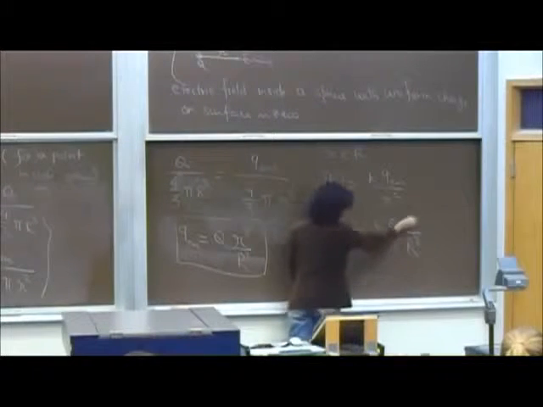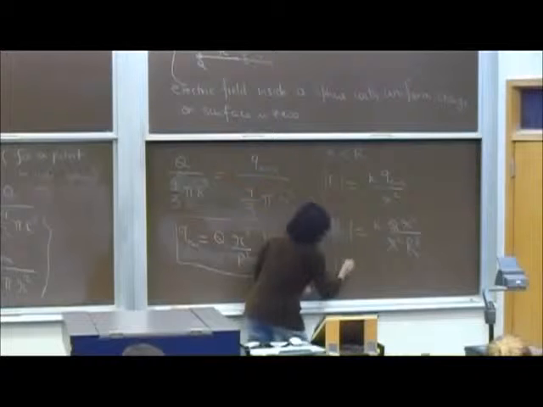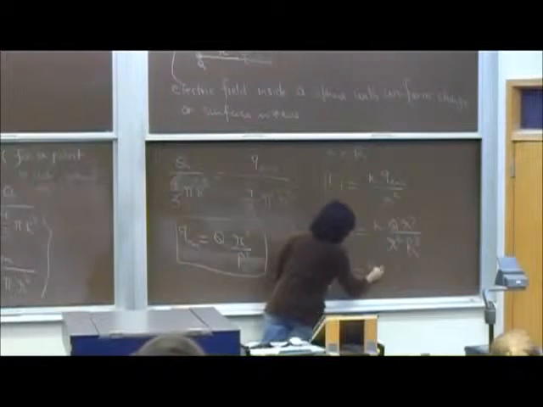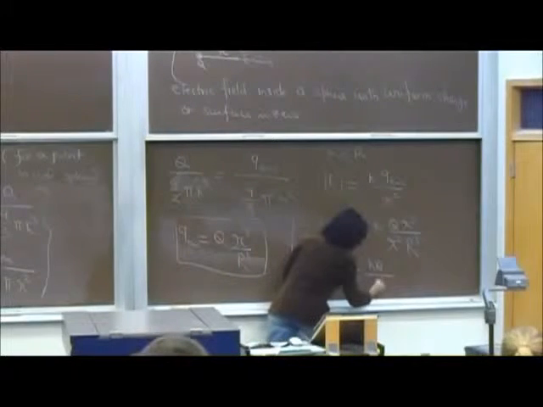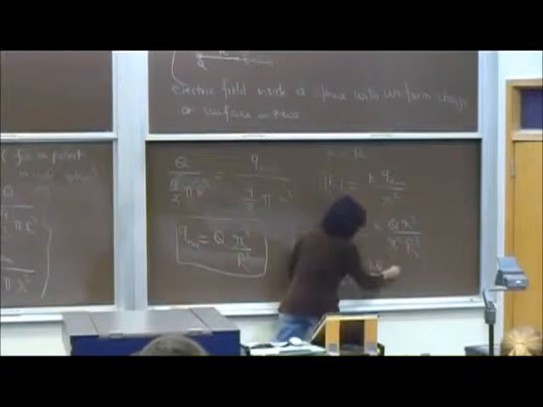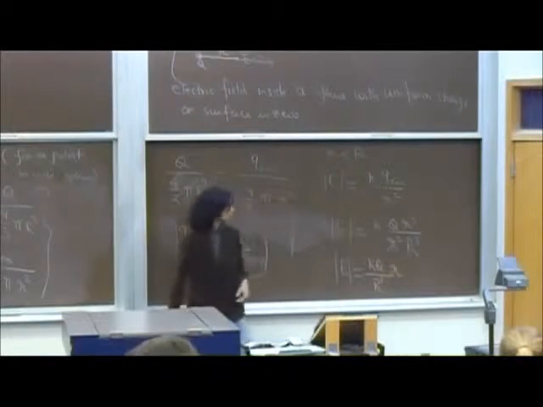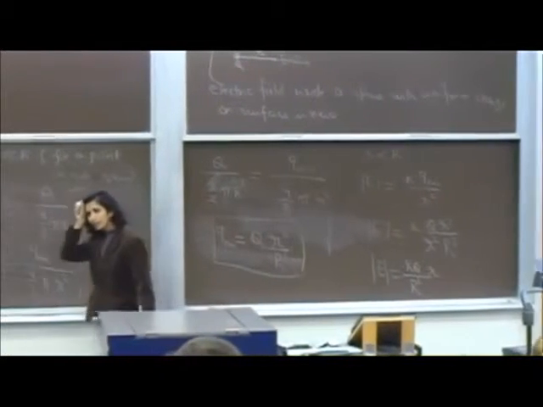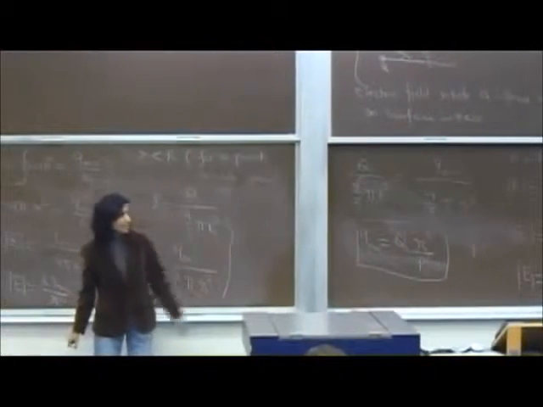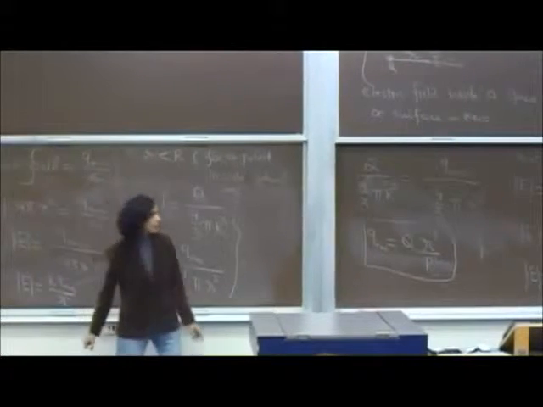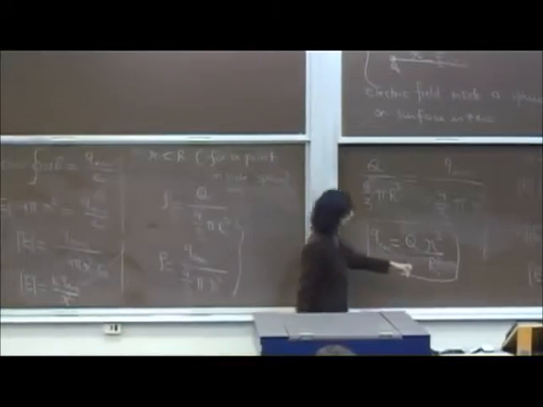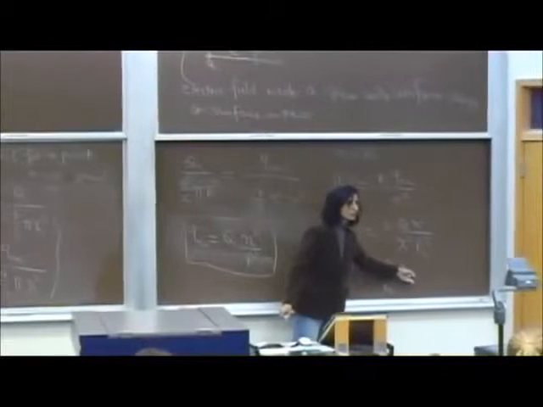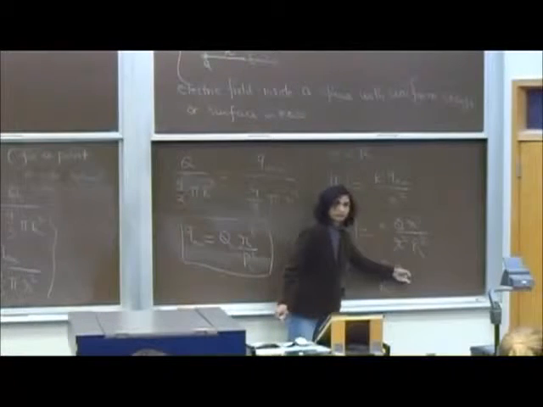Notice that two of these powers of r get cancelled and we get the magnitude of the electric field is k q over R cubed times r. Do you see r cubed and r squared, two powers get cancelled and we are left with r? Do you know what that says? This is saying that the electric field is proportional to r.